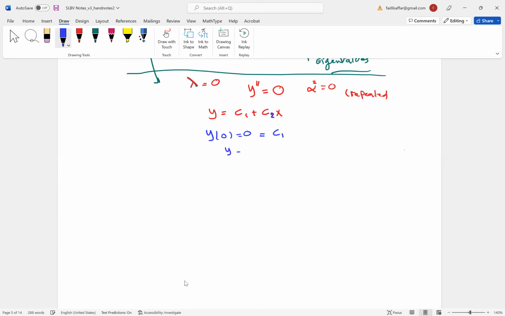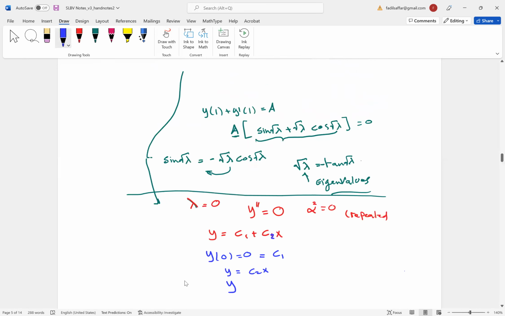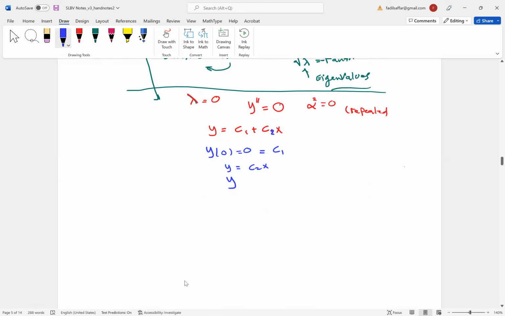So now our y is C2 x. If we use the second boundary condition, which says that y at 1 plus y prime at 1 equal to 0, and we plug these values in, we already know that C1 is 0. So that would be C2 plus C2 equal to 0.